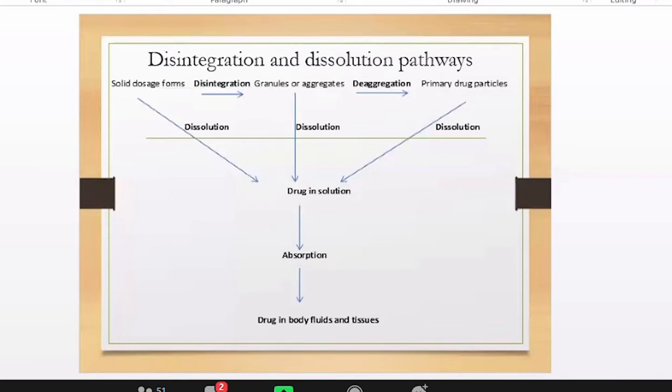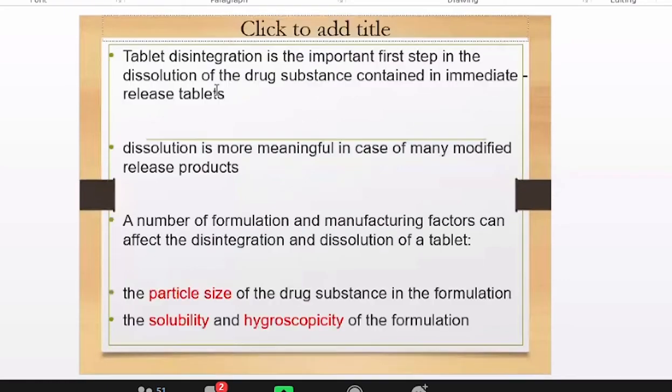So disintegration is the important first step in dissolution of the drug, as we have seen. That is for immediate release tablets. Without this process, we cannot have dissolution taking place. Dissolution is more meaningful in the case of many modified release products.